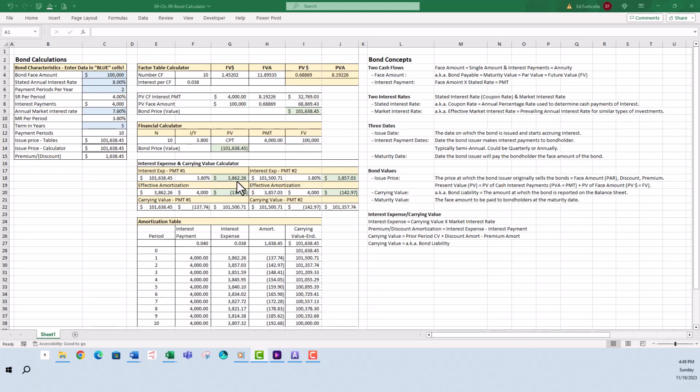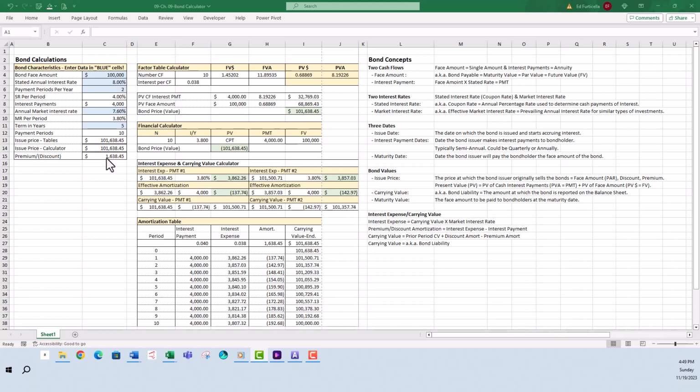So we are going to multiply $101,638.45 by 3.8% to get an interest expense of $3,862.26.